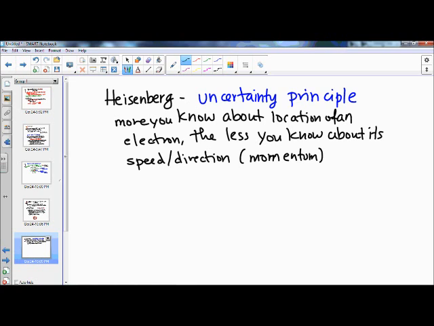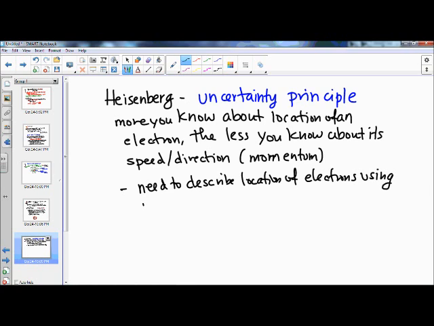We're talking about an object's speed, which is also related to its mass. In other words, we're going to need to describe the location using mathematical probability.